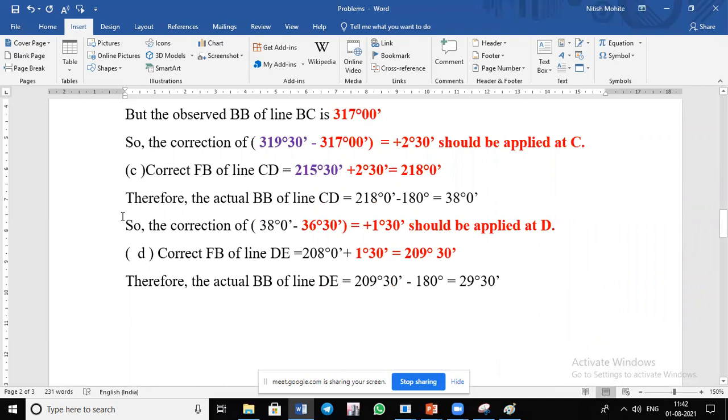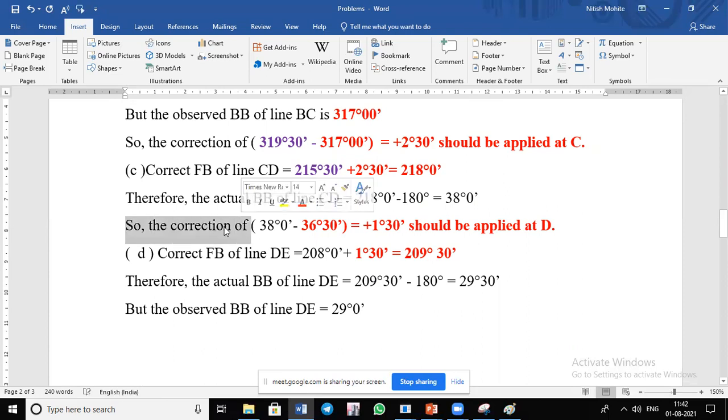But the observed reading of back bearing of line DE is 29 degree 0 minutes. And therefore, the difference between that is the correction that should be applied to the further station.